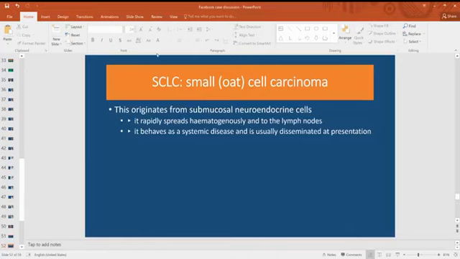Tumors of the lungs can be classified as small cell carcinoma, which originates from submucosal neuroendocrine cells, spreads rapidly hematogenously to lymph nodes, and behaves as a systemic disease, usually disseminated at presentation.